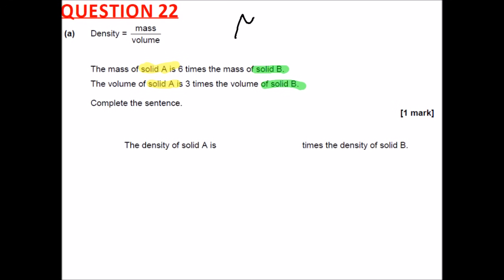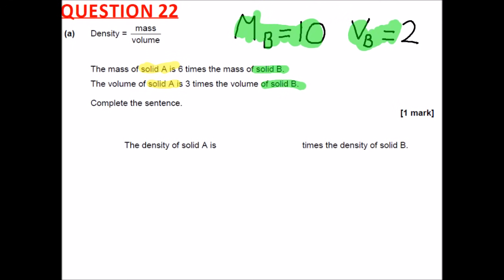So let's say the mass of B is a nice easy number to work with. Let's say it's 10. Same with the volume. Let's say the volume, again, is something nice and easy. Let's say it's 2. Just making something up, making anything up really. So you've got the mass of B, which is 10, and the volume of B, which is 2.